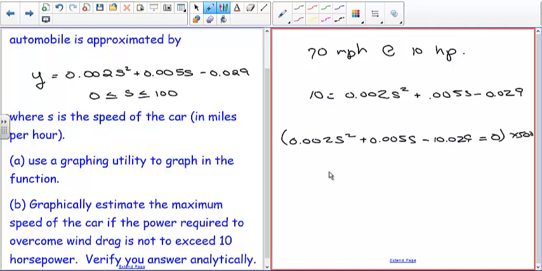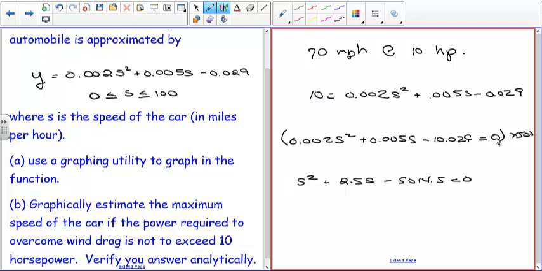And what that'll do is it'll make this s squared. And then if we take 0.005 times 500, we'll get 2.5 s. And then if we take 10.029 times 500, that'll be minus 5,014.5. So these functions have the same zeros, because if I factored out 0.002, I'd have this 0.002 times this.